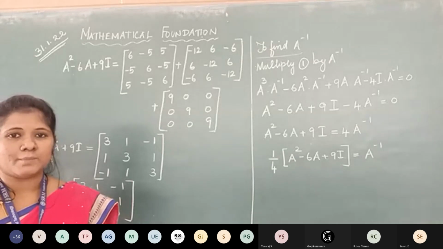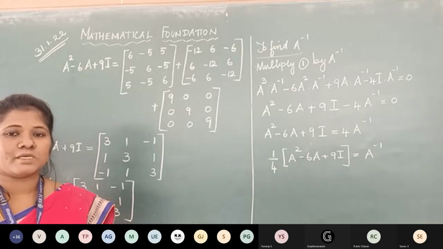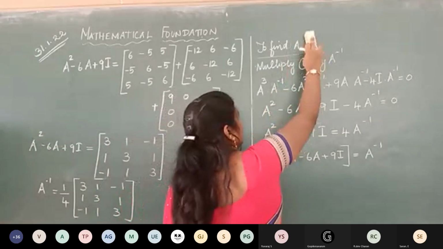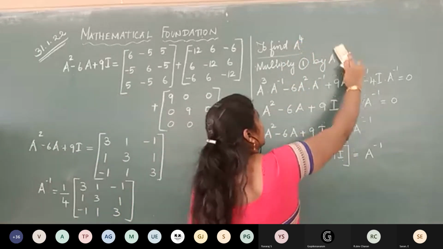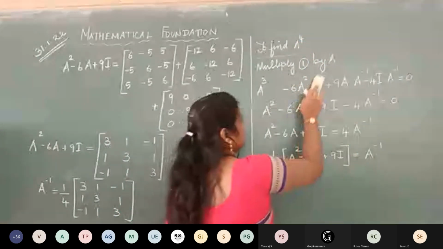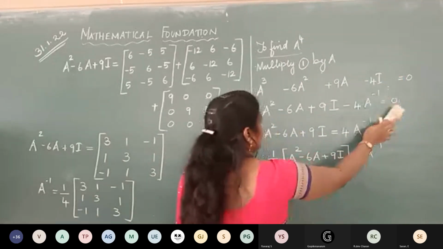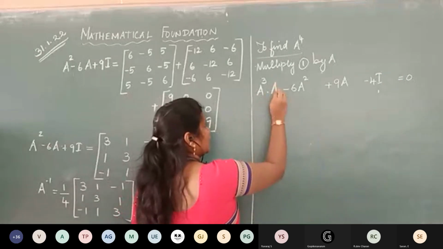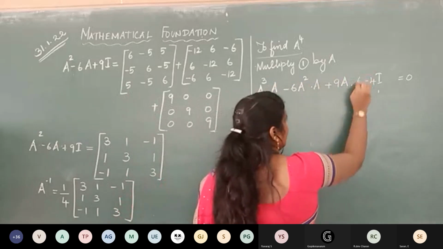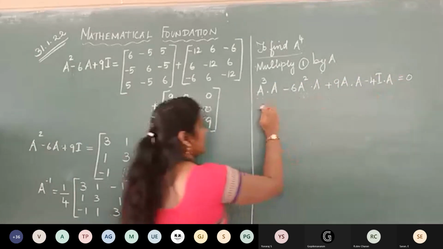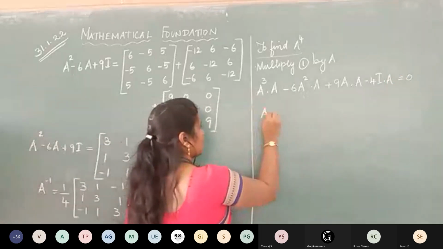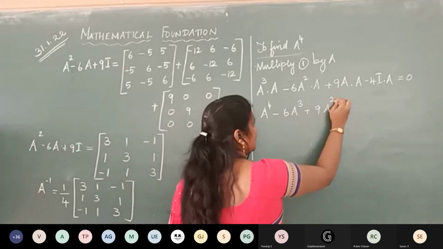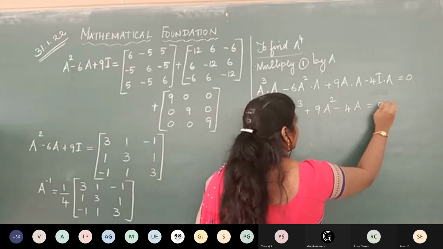To find A power 4, I multiply this first equation by A. When I multiply it with A, it becomes A power 4 minus 6A cubed plus 9A square minus 4A equal to 0.